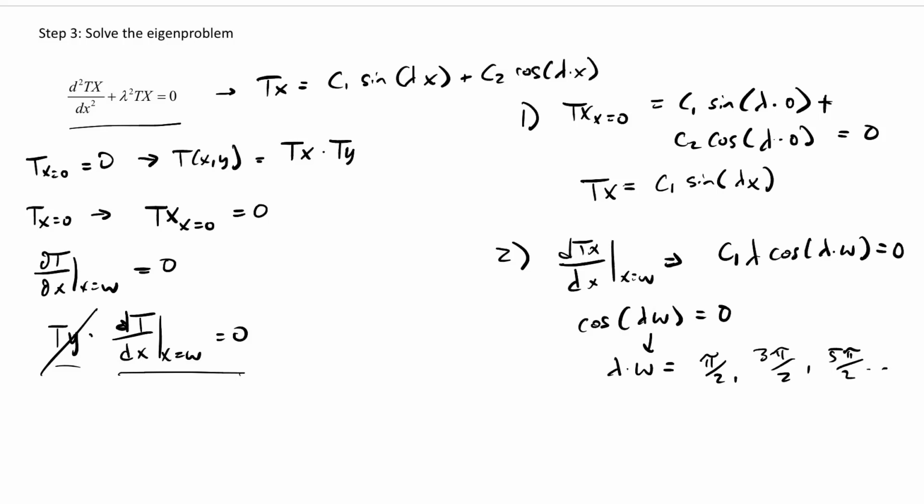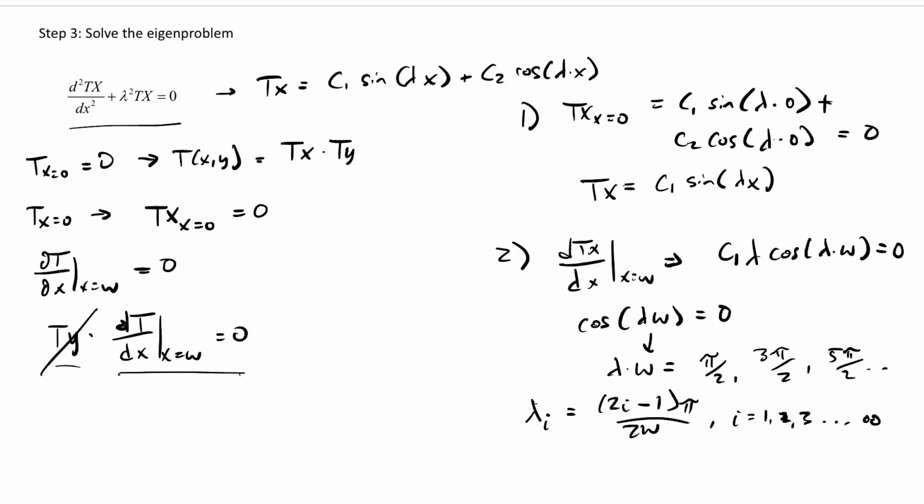All right, so let's call lambda now lambda_i. So lambda with index i is going to be equal to the values (2i minus 1) times pi over 2w, for i equals 1, 2, 3, and so on to infinity. Do you see where this came from?